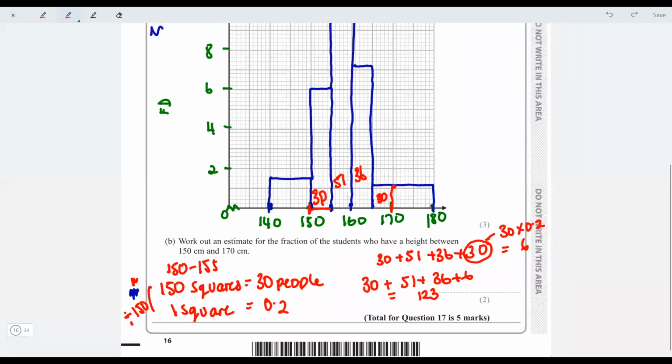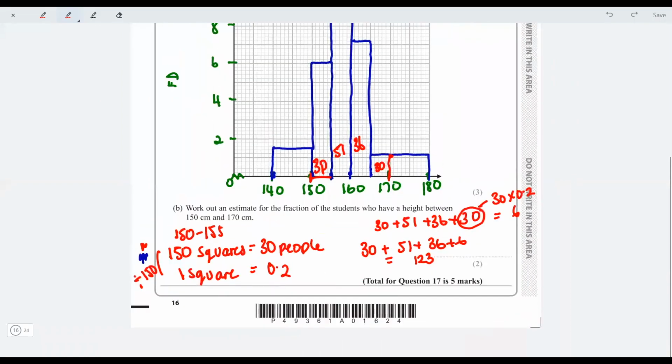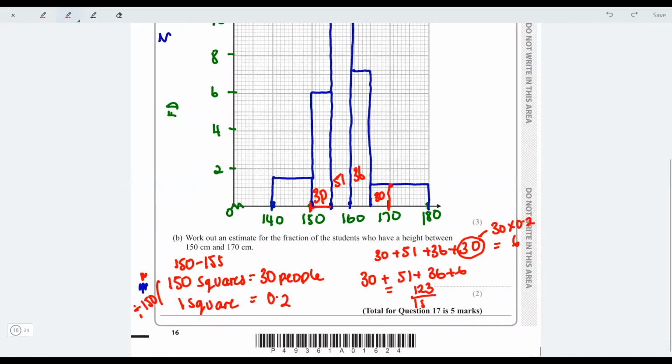Does it tell me how many people it was out of? 150 at the top. So a fraction. And there you are. 123 out of 150 is the fraction of people with a height between 150 centimeters and 170 centimeters. Okay. Thank you for watching.